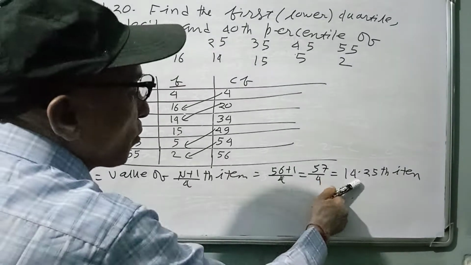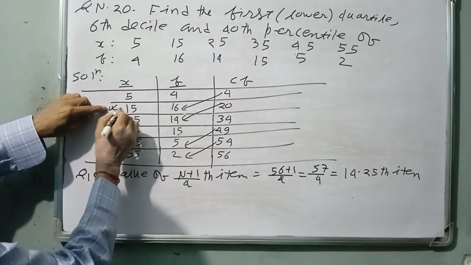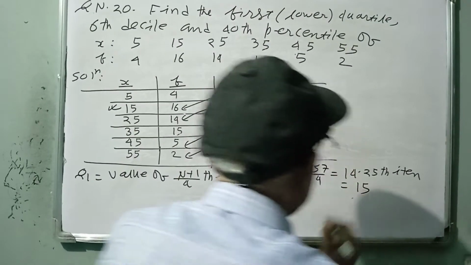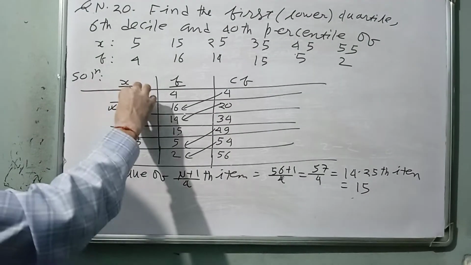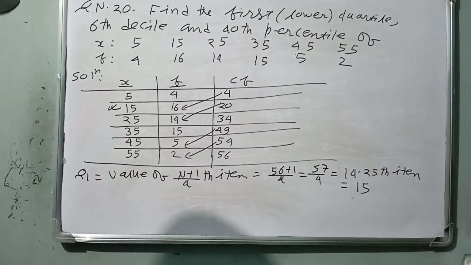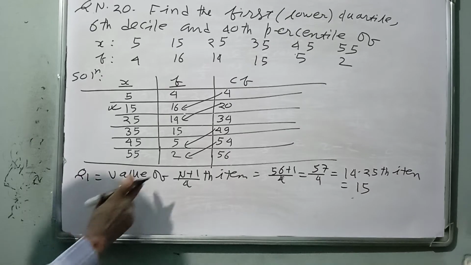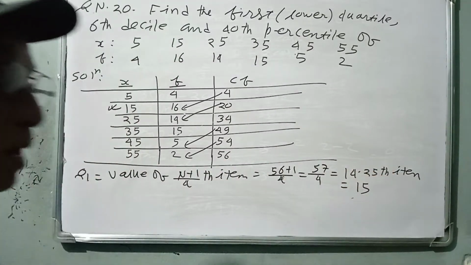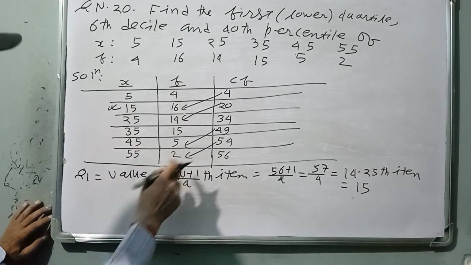Where does it lie? 14.25 is not here, here. Q1 lies at 15. 15 is the first quartile because it divides the given data into 4 equal parts. Q1 is the value of (n plus 1) by 4th item. Q3 is 3 times (n plus 1) by 4, something comes. It may be 35 or 45 here.